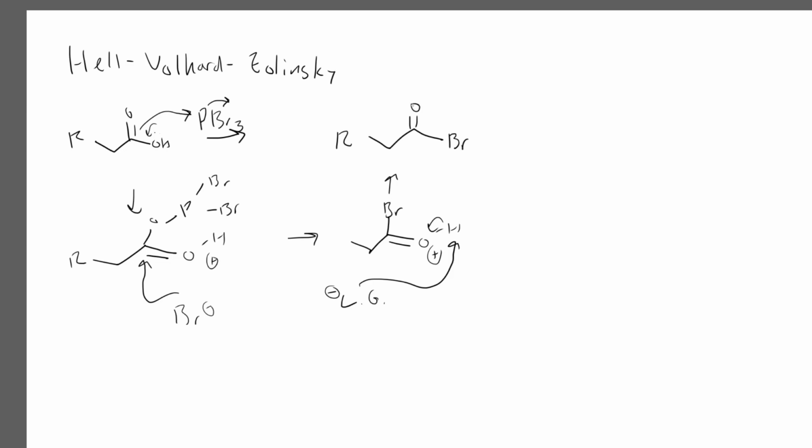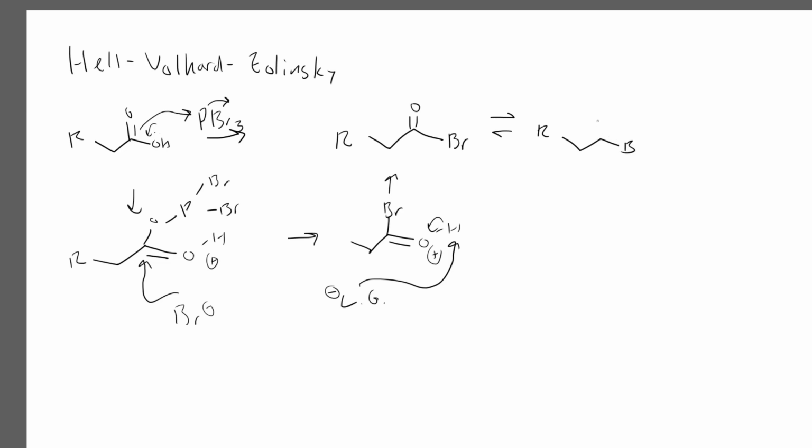Okay, that's going to be the first step of our Hell-Volhard-Zelinsky. And then through some tautomerization, which is all over the book about 1,000 times, so it's a mechanism I'm not going to show you, but you're welcome to look it up if you need a refresher.